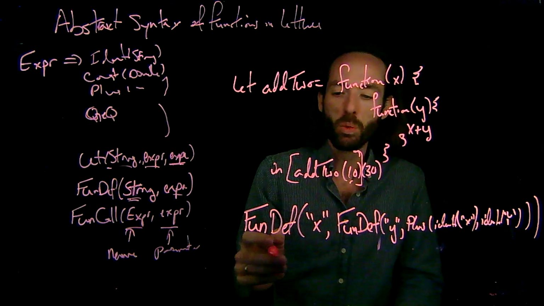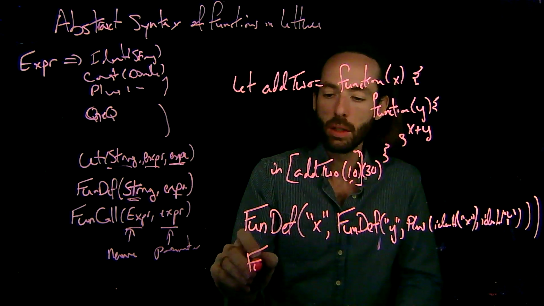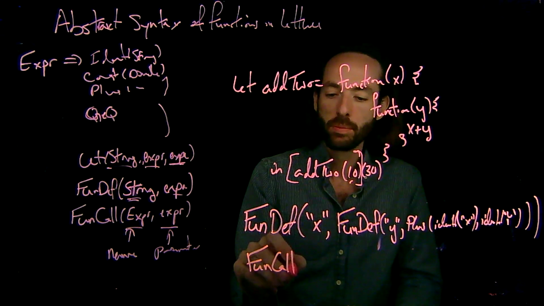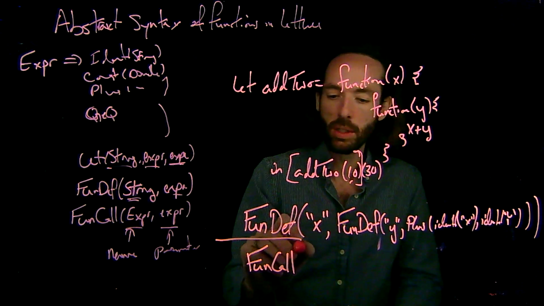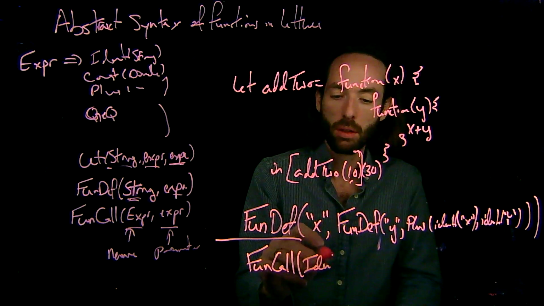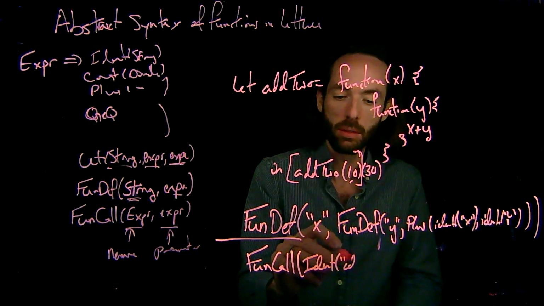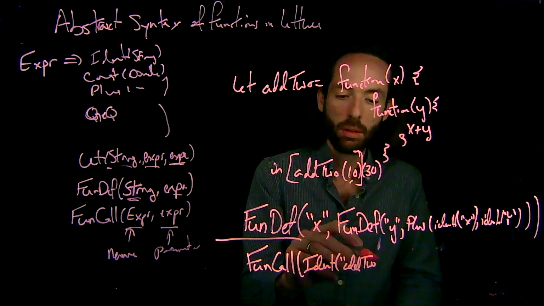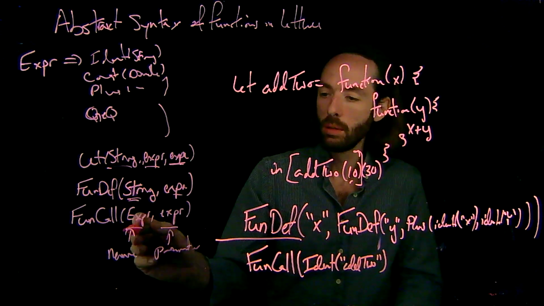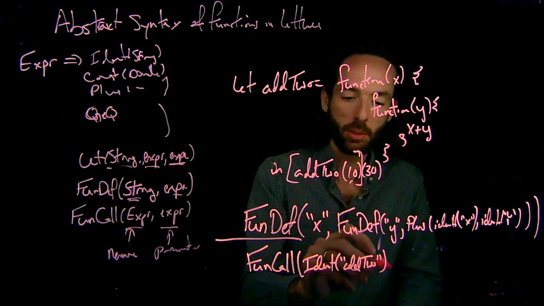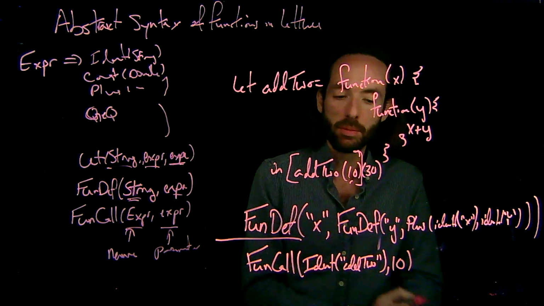How do we actually run the thing, though? Right, we're going to do a fun call. So let's just separate that a little bit. We'll have fun call, and what's the first thing we're going to call? We're going to call ident of add to, right? And then we have to pass in an expression, and that's this internal bit, right?